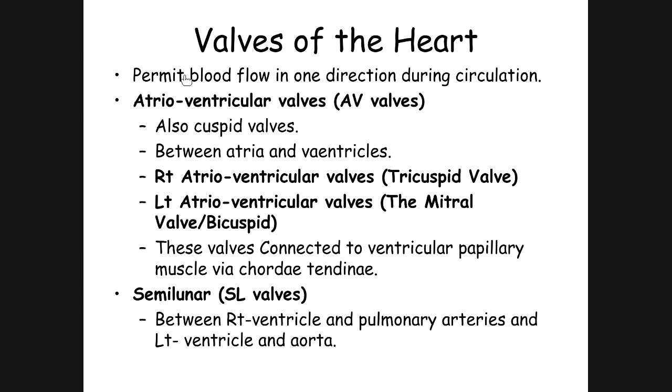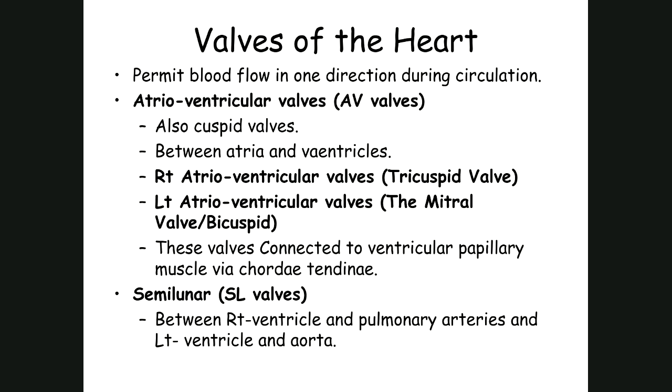The valves permit blood flow in one direction during circulation. So once the blood is going in this direction, only in this direction, it will not come in reverse. So these valves help the blood to flow in one direction during circulation.